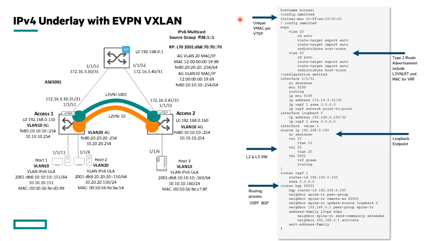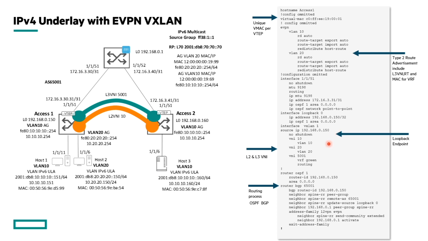We need a unique virtual MAC per VTEP, and this configuration is a snippet of access 1 here on the left. Then we do a redistribute of host routes in each VLAN for the type 2, which includes layer 3 VNI route targets and MACs for VRFs. Moving down, for the VXLAN interface we use the source IP, which is typically a loopback, shown on access 1, 192.168.0.150.